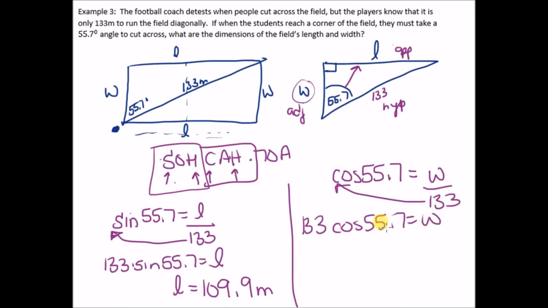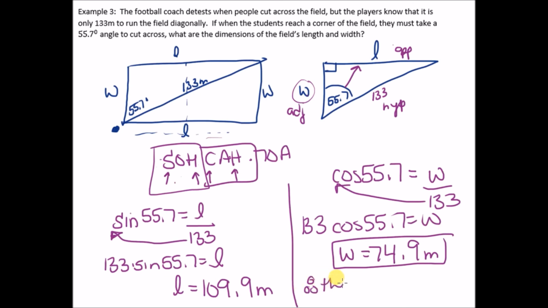And remember, we don't multiply the 133 by that 55.7. So we get W equals 74.9 meters. So we can say, therefore, the length of the field is 109.9 meters, and the width is 74.9 meters.